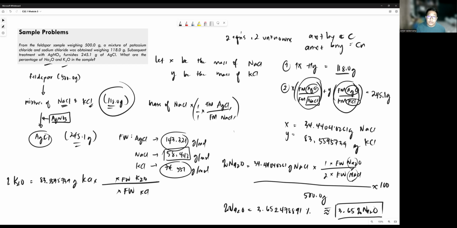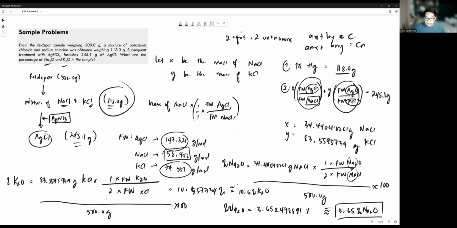Again, your compound of interest will become your potassium, and to balance it out, you have to put 1 in your numerator and 2 in your denominator. Divided by the initial mass of the sample, multiply to 100. And to check, the final answer here is 10.557734%, or approximately equal to 10.6% K2O.